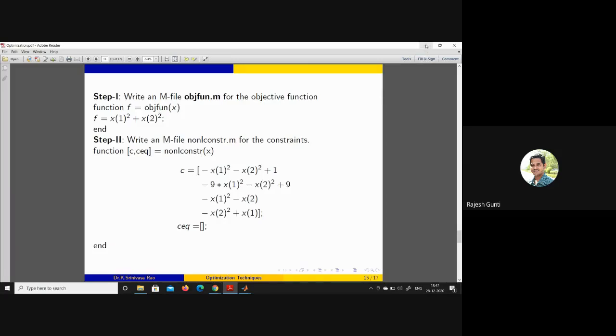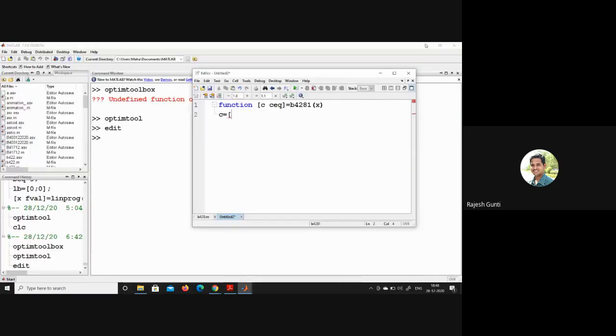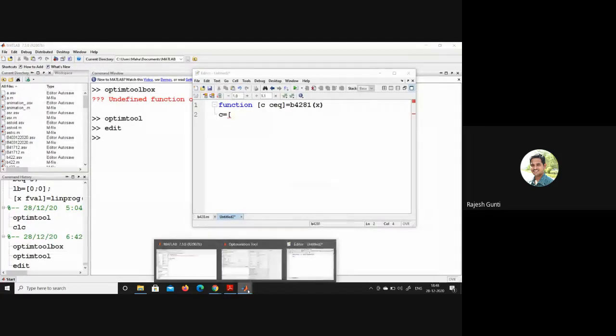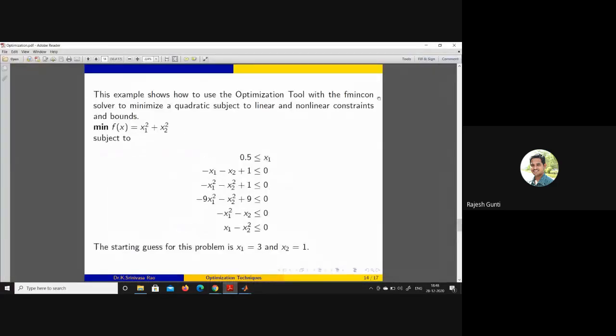First, C. What is C? C is the inequalities.